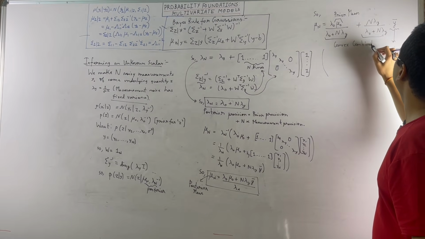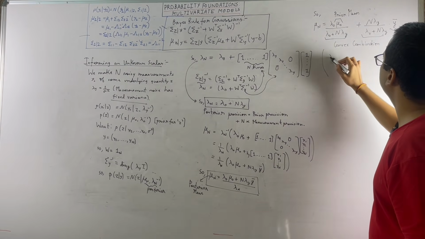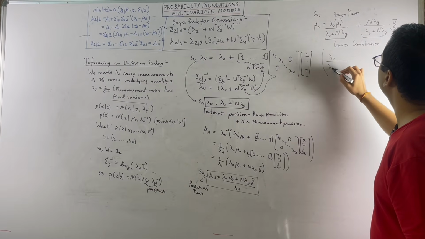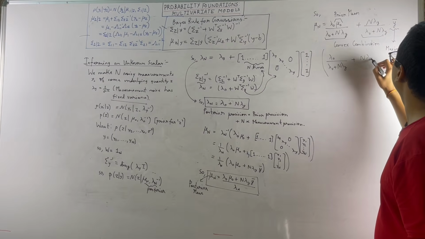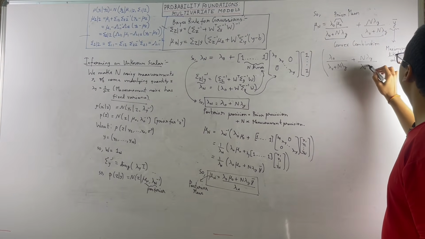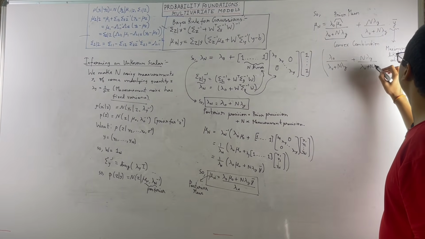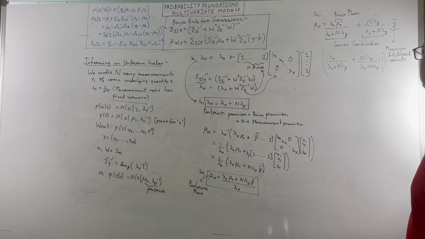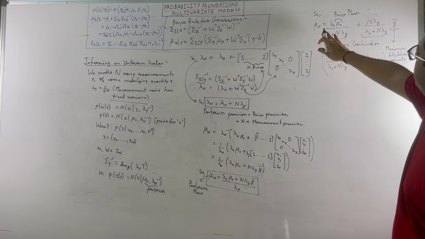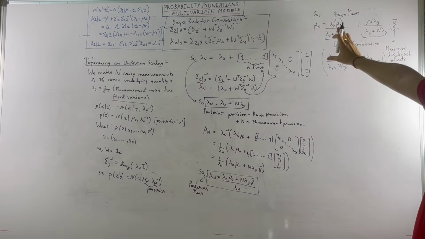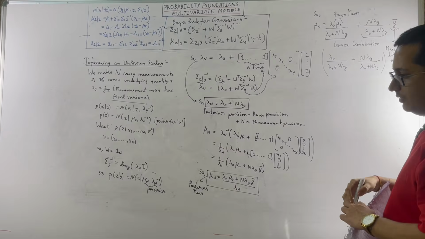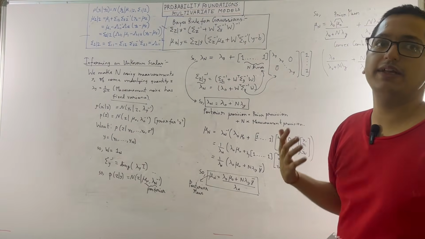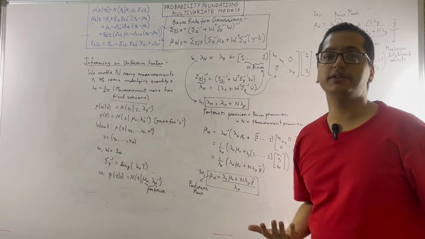Why? So this sum is 1, right? Lambda naught plus n lambda y is equal to 1. So the posterior mean is a compromise or a convex combination between the prior mean and the maximum likelihood estimate, or the measurement mean.